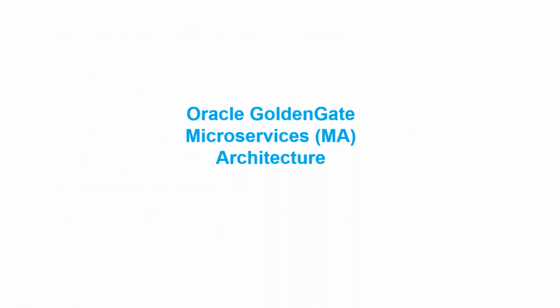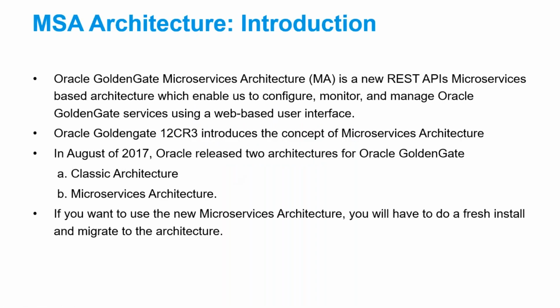Okay, so let us now discuss Oracle GoldenGate microservices architecture as well, because the features which we are discussing are in microservices architecture as well. Oracle GoldenGate microservices, as I told, was introduced in 12c R3.